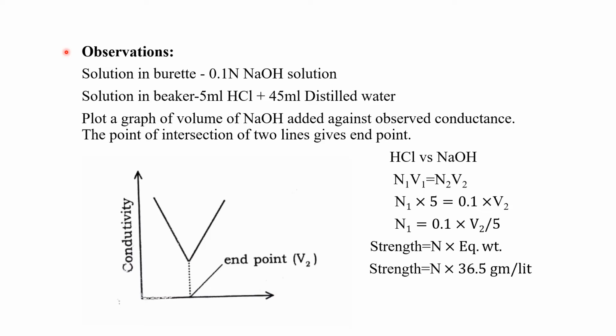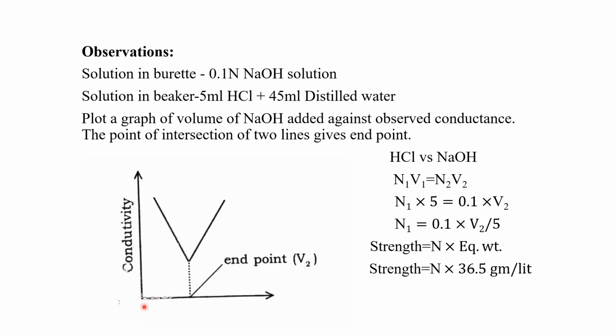Solution in burette is 0.1 normal NaOH solution. Solution in beaker is 5 ml HCl plus 45 ml distilled water. Plot a graph of volume of NaOH added against observed conductance. The point of intersection of two lines gives end point.